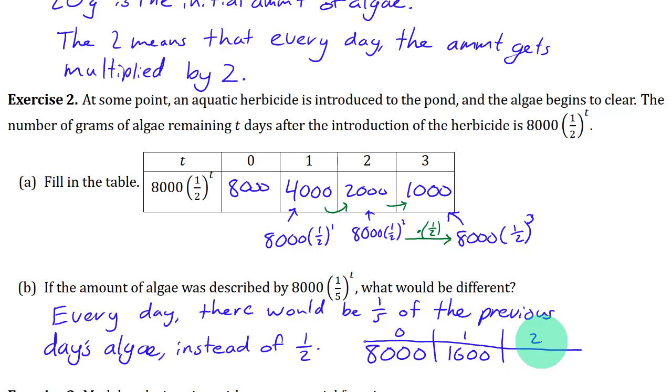And after 2 days, there would be 1/5 of that remaining, which would be 320, I think. Yeah, 320. I just had to pause the recording to check that on my calculator. Hopefully you're pausing the recording every once in a while too to check things yourself, because it does go kind of fast sometimes. So yeah, it's decreasing a lot faster than it was when the growth factor is 1/2.